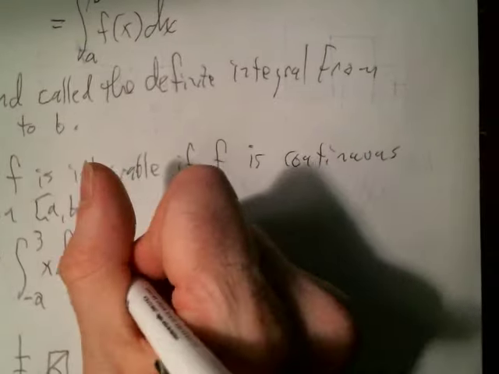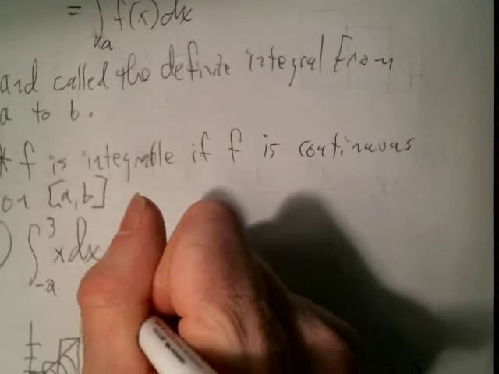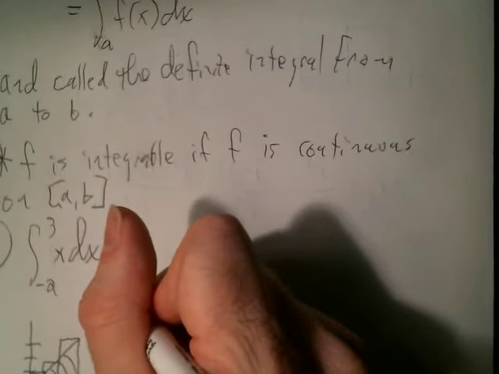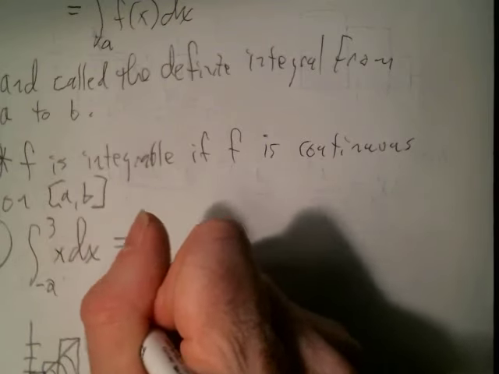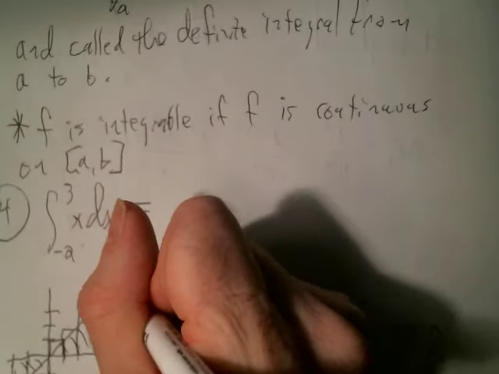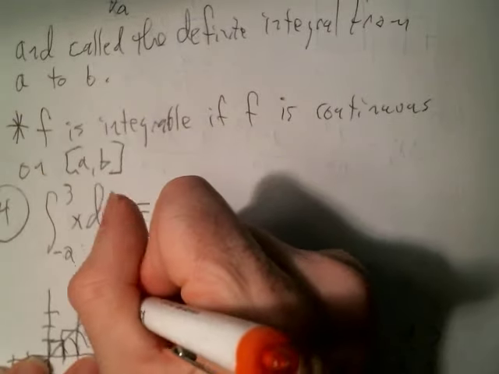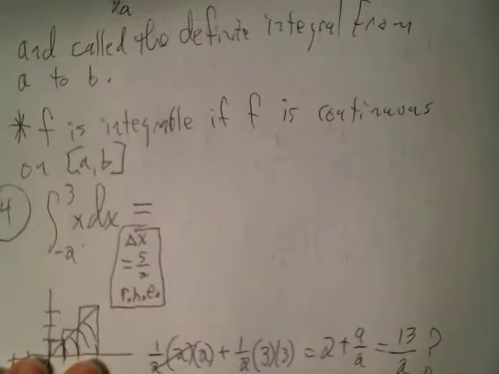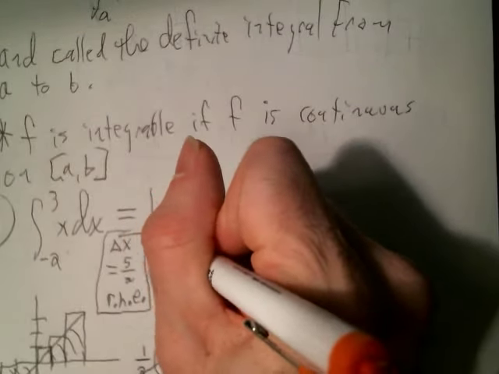We can figure this out using delta x equaling b minus a over n. In this case, b minus a is 5, and I'm going to use right-hand endpoints in my Riemann sums. So this will be the limit, and I'll go directly to n going to infinity.